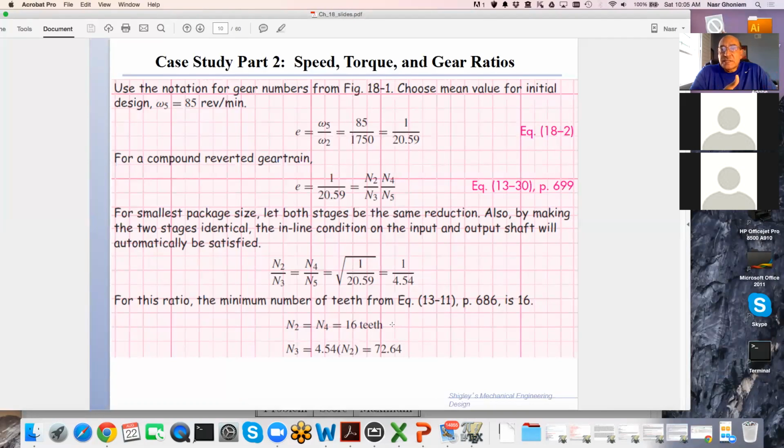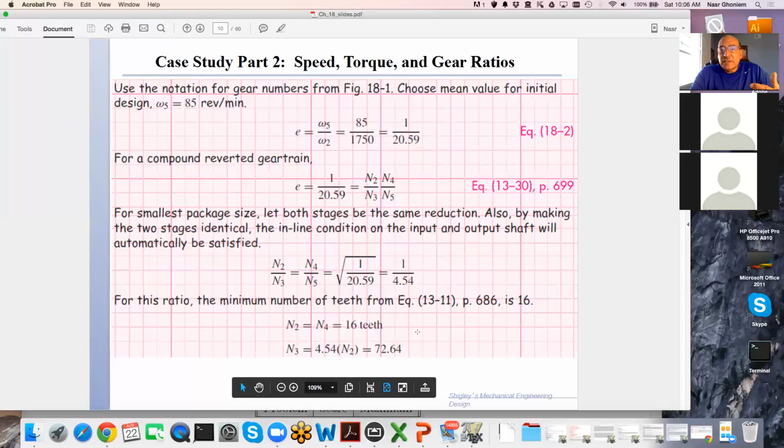So you can use this as a constraint for the smaller gears, N2 and N4. And from that, you multiply it with the reduction ratio, 4.5. You get 72.64.